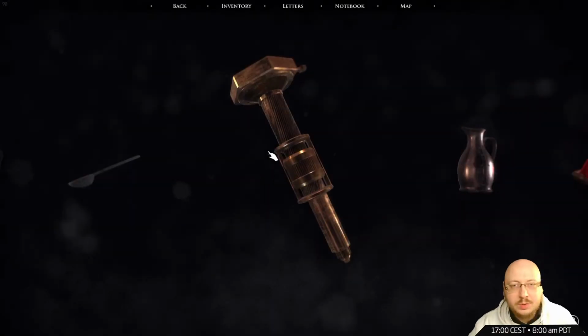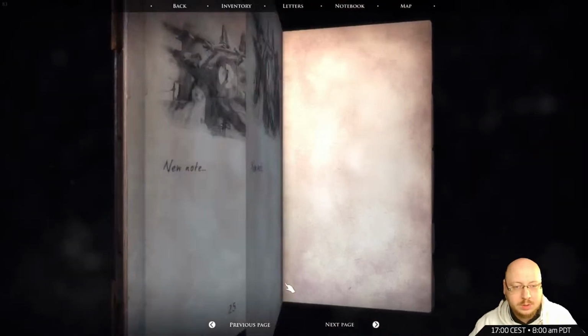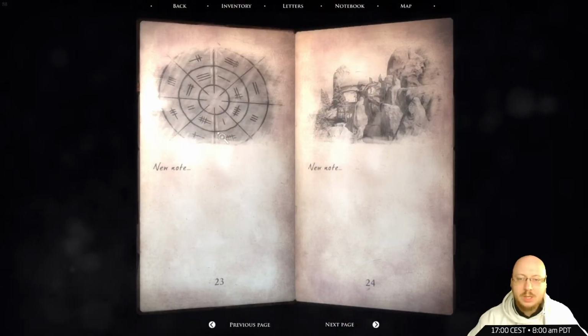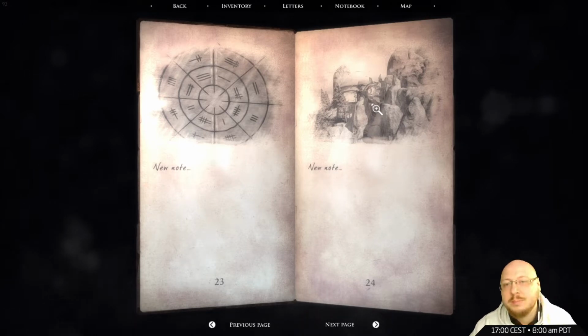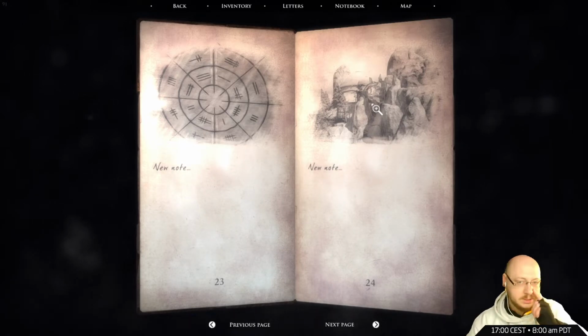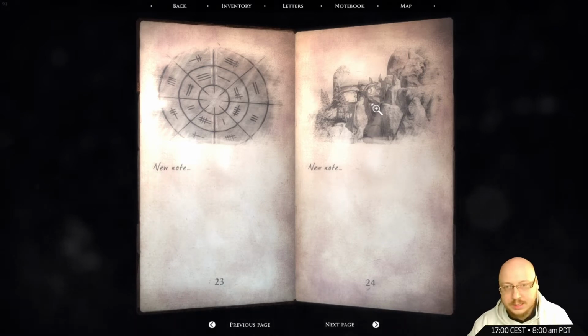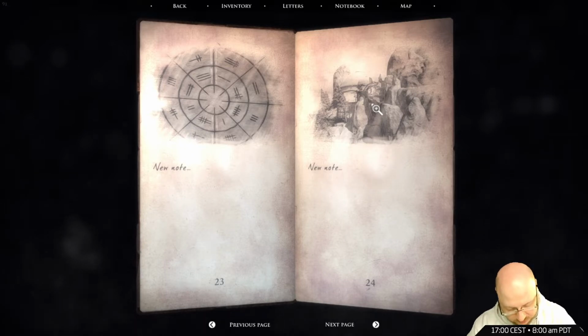So, inventory, notebook. Here we have the circle with the numbers, and it's nice. It's only quartered, eighth, so I can actually draw it easily.